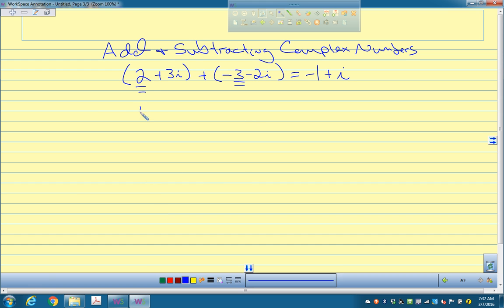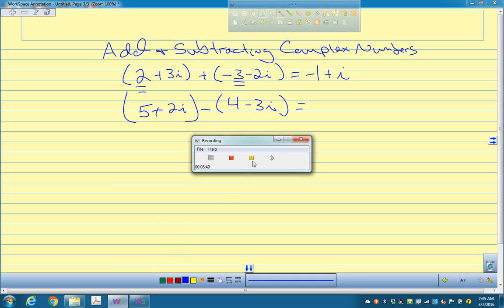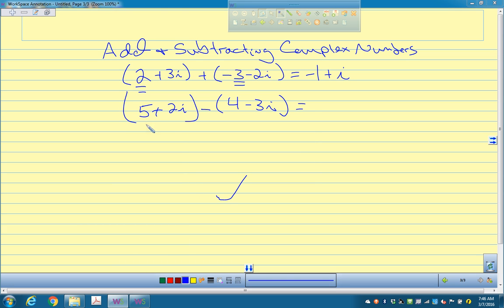Let's try this one. 5 plus 2i minus 4 minus 3i. You try without a whiteboard. Just give that one a quick shot. So you can either go 5 minus 4, which gives you 1, and 2 minus negative 3, right?